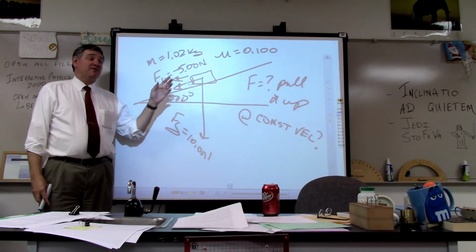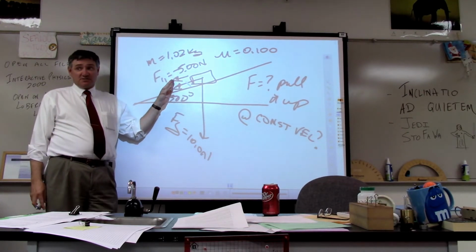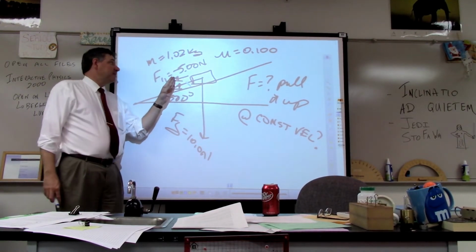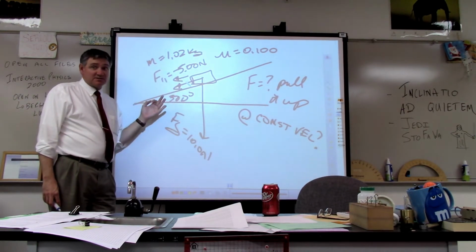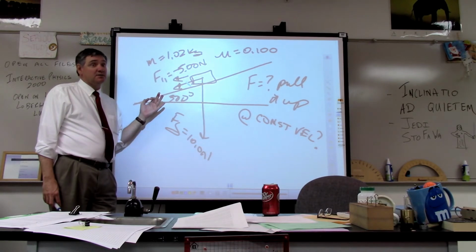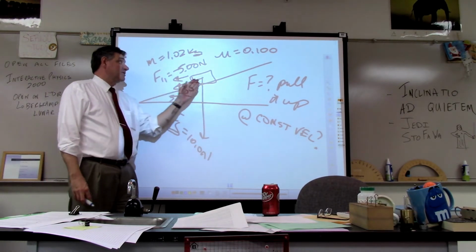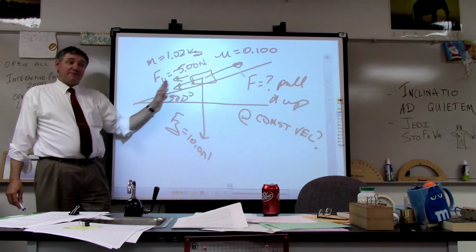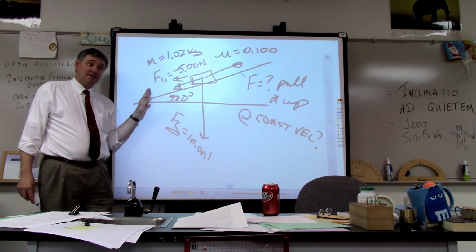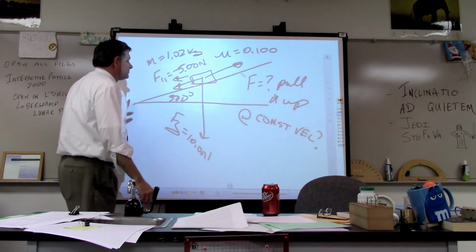Now, is it still the same frictional force? Yeah. But now, if you're defining down as being negative, what's the sign of your frictional force? It's also negative because the block is going up, but friction's acting down. We're just pulling it up.